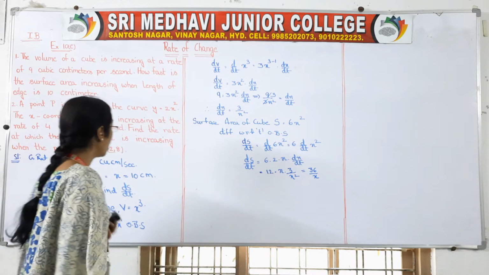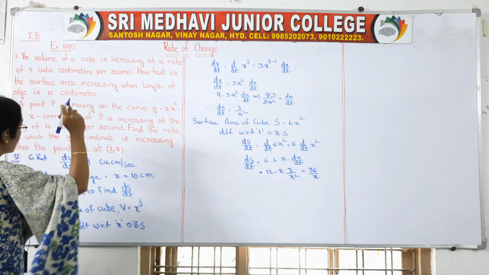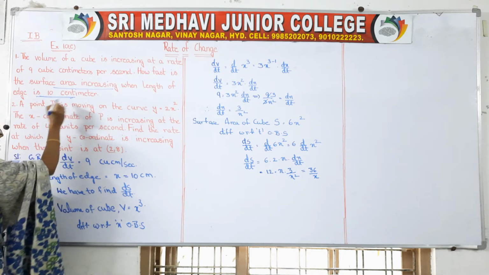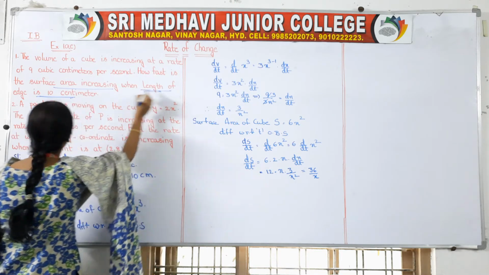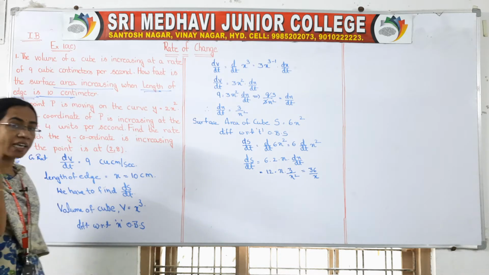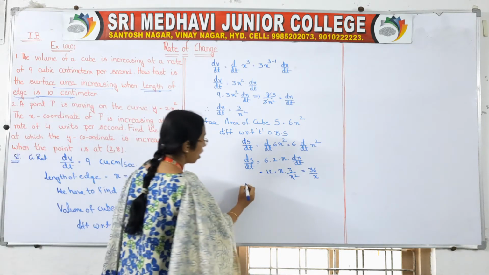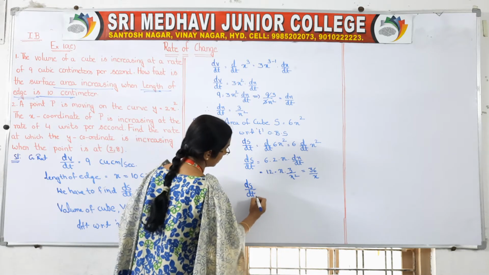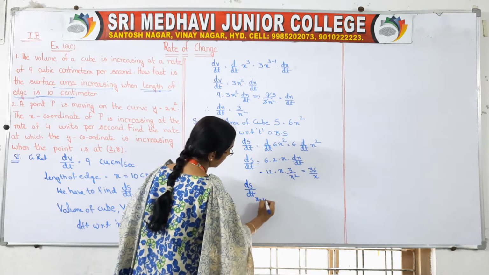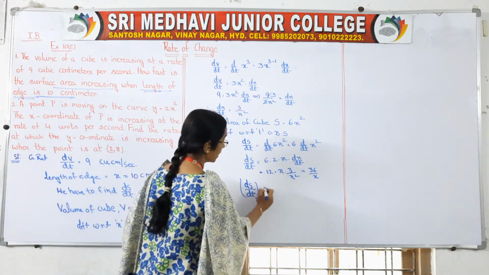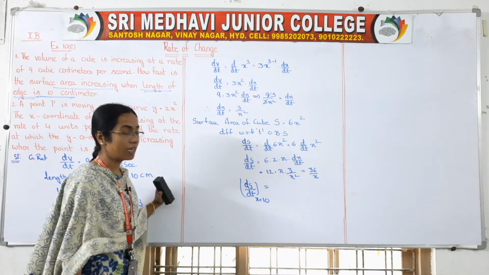Okay, so we have to find the area increasing when the length of the edge is 10 centimeters. That means at x is equal to 10, how fast the surface area increases. So at x is equal to 10, we have to find the increase in surface area.